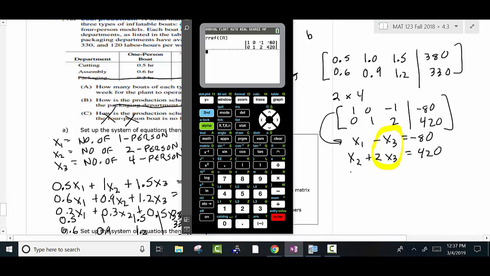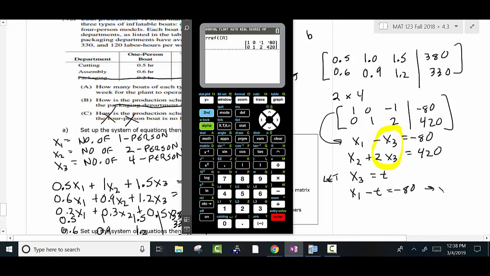So here's what we do. Just let x3 equal t. Then the first equation is going to say x1 minus t equals negative 80. Just replace x3 with t.